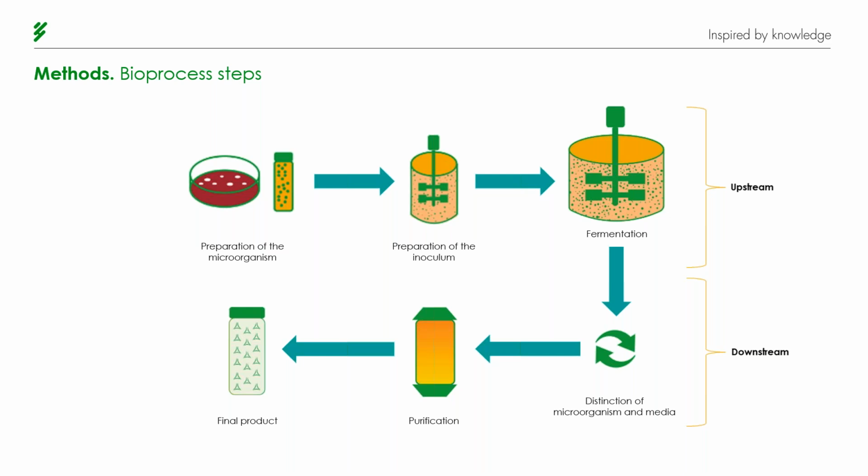But also, you have to eliminate the culture media, the waste, and other products from the bioreactor, and you have to clean it so you can use it in the next batch if it is a stainless steel bioreactor. If it is a single use, you use it and then you throw it in the rubbish.